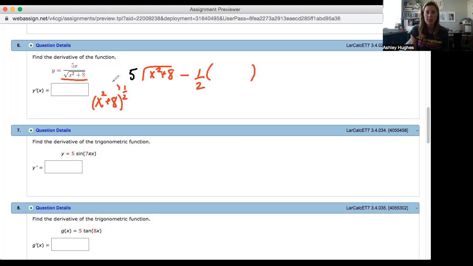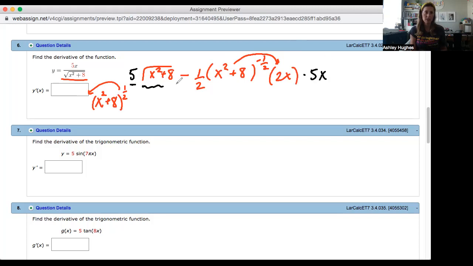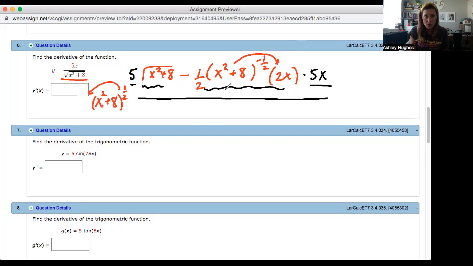So you bring that 1/2 down and then you subtract 1 from that 1/2. That makes it -1/2. You keep the inside the same, but then on the same line, you multiply by the derivative of this, which is 2x. Then times the first. So again, derivative of the first times the second minus the derivative of the second times the first.